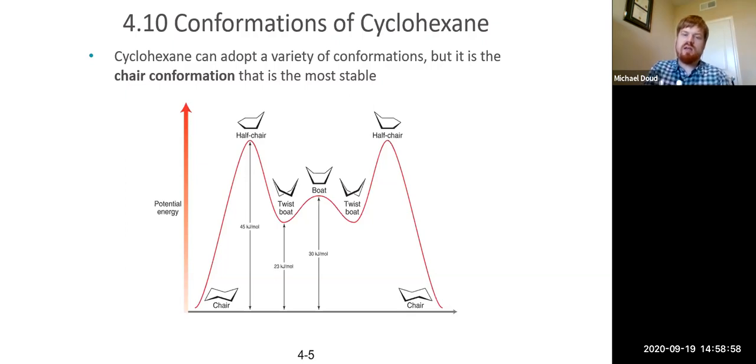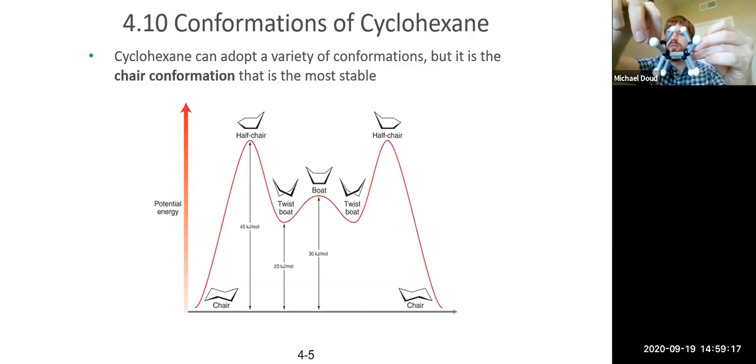Now, these can twist, and they can form a half chair, for example, something like that. And then they can twist into a boat. The boat's the least stable conformer. We're not going to look at the boat too much, but the boat basically is like this, where you can imagine both of the chair backs are up there.